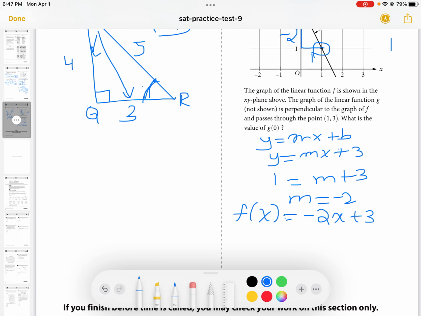And we're told that g of x is perpendicular to f of x. And we know that linear functions perpendicular to each other have slopes that are negative reciprocals of each other. So we have to take the negative of the slope of f of x and then take its reciprocal. The negative of the slope of f of x will be 2, and its reciprocal will be 1/2.